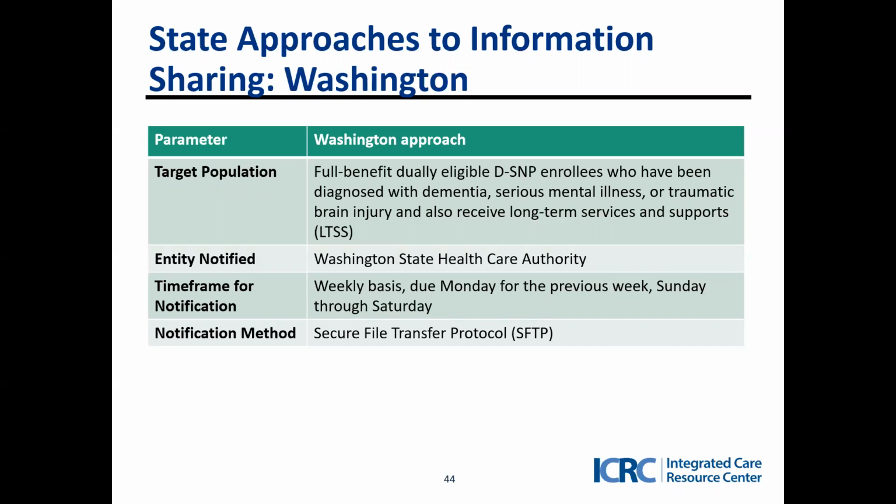Their notification method is similar to what we saw in Georgia, but the time frame for notification is designated on a weekly basis rather than no later than 2 days after admission, discharge, or transfer as we saw in Georgia. While each state has a slightly different way of approaching the new information sharing requirements that go into effect January 1st of this coming year, both are clearly defined by their D-SNP contract in order to meet the requirements.